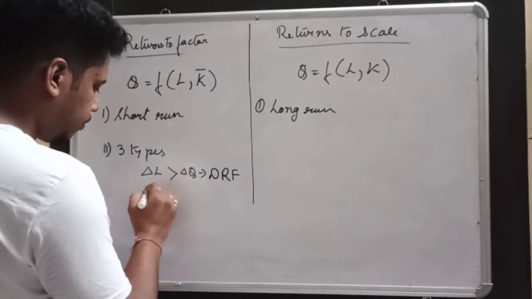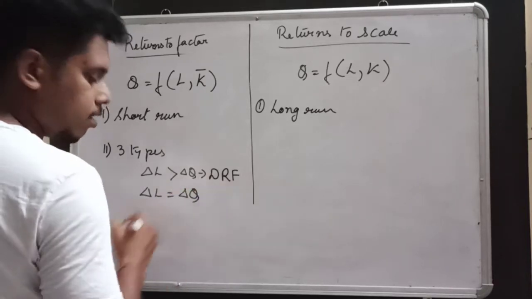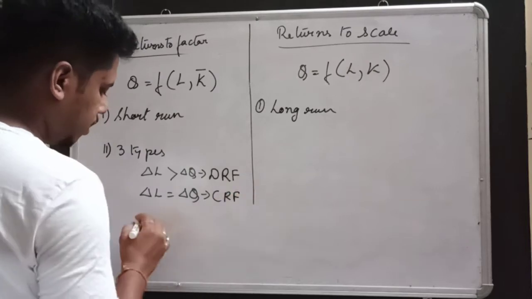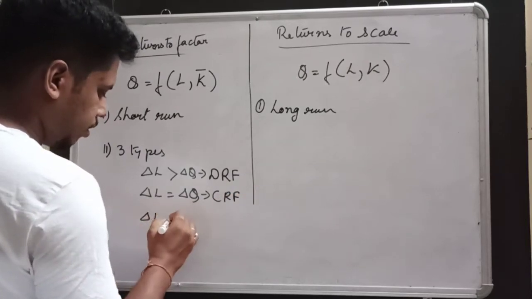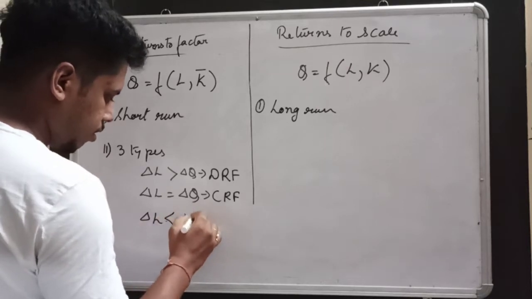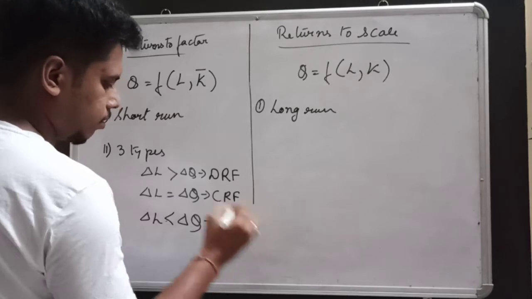Similarly, if change in labor is equal to change in output, it implies constant returns to factor. Or if change in labor is less than change in output, then it implies increasing returns to factor.